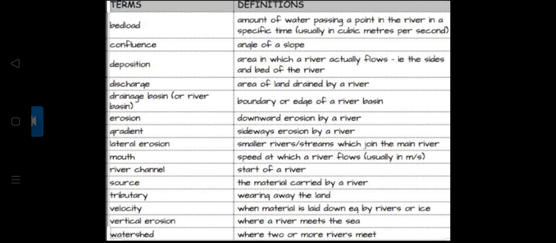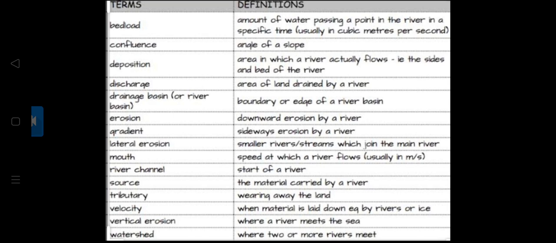If you know the meanings, you will be able to understand your questions and your lesson properly. What is a confluence? It is the angle of a slope.